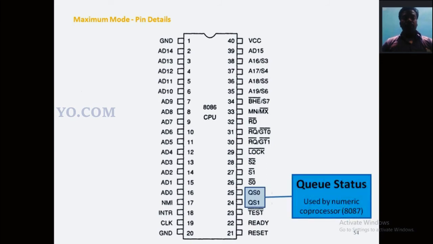The next one is queue status. It is used by the coprocessor.